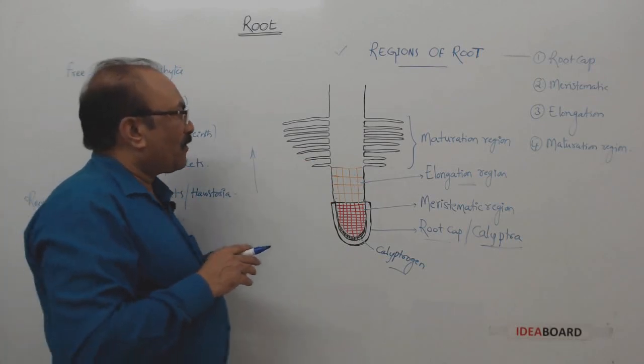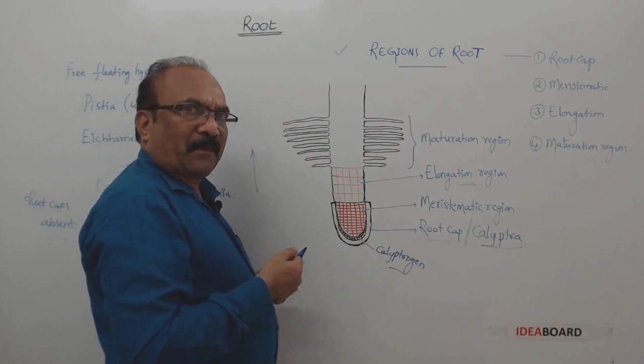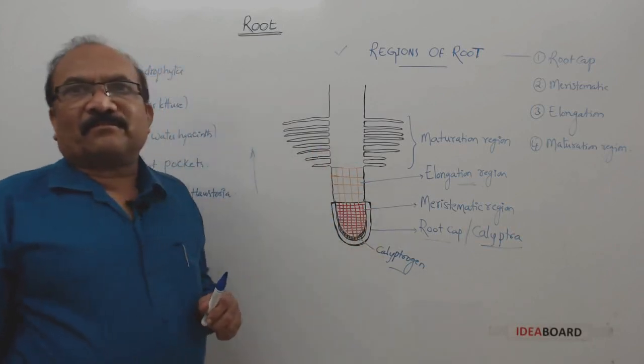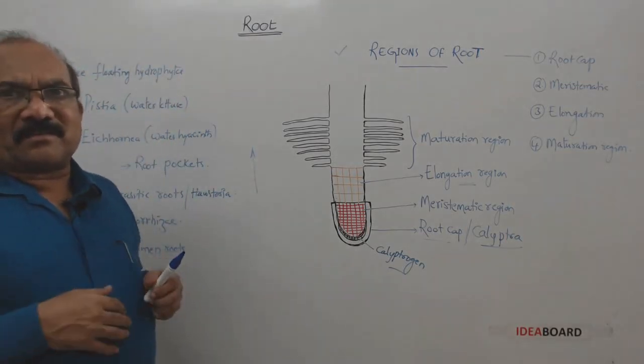Now these elongated cells are further pushed up by the new batch of cells coming from the meristematic region. This is a continuous process.